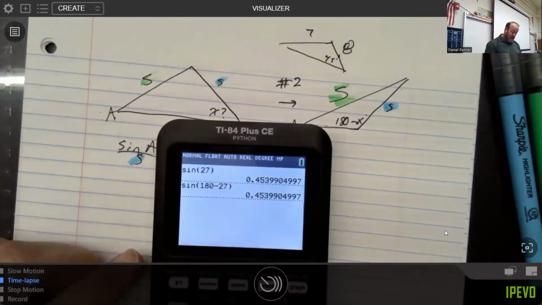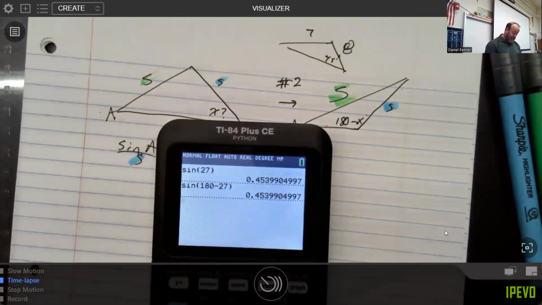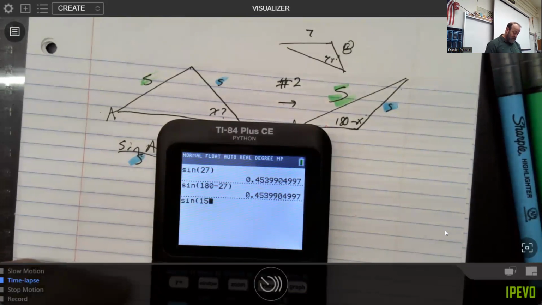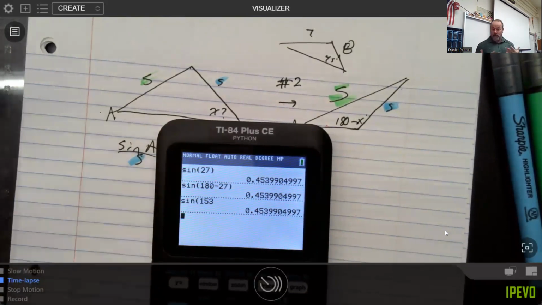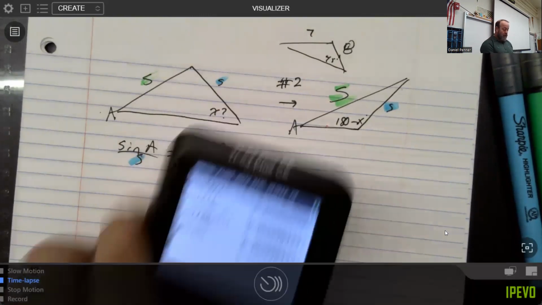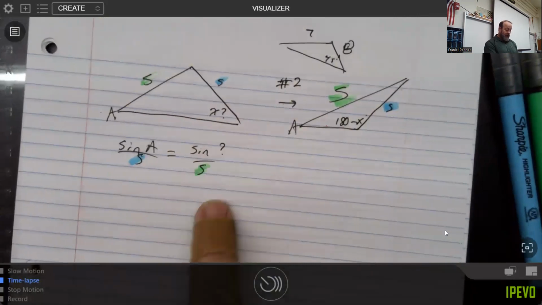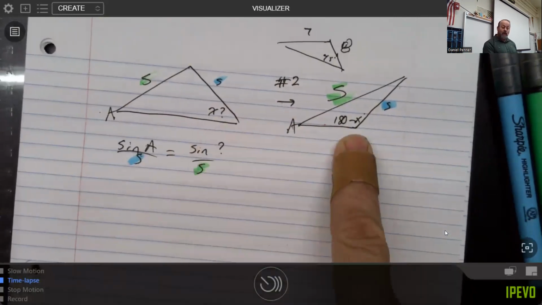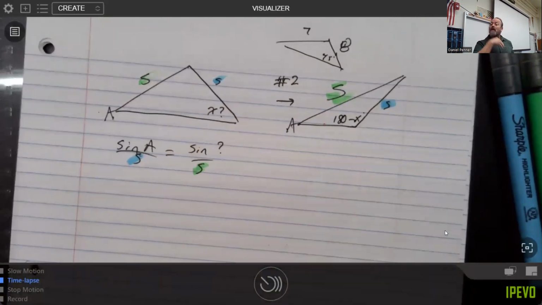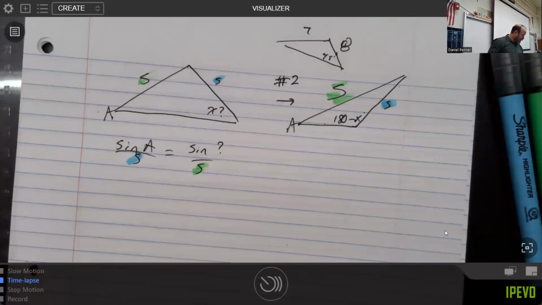So keep in mind 180 minus 27 is, I believe, 153. And notice we get exactly the same number, right? So it doesn't matter. As long as the two angles are supplementary, they work. So when you set this one up, the sine of this one and the sine of this one are going to be the same because they are, again, supplements.